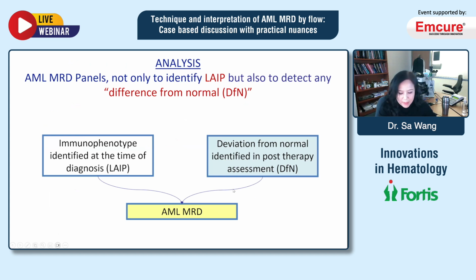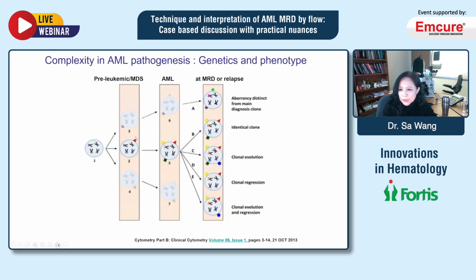So in AML MRD detection, you're already seeing this, and I'm not going to say anything very different. You do need both. I know many heavily count on leukemia-associated immunophenotype, but this is a very important approach. I can show you with this very simple cartoon why this is very important, right? Like a normal precursor cell.